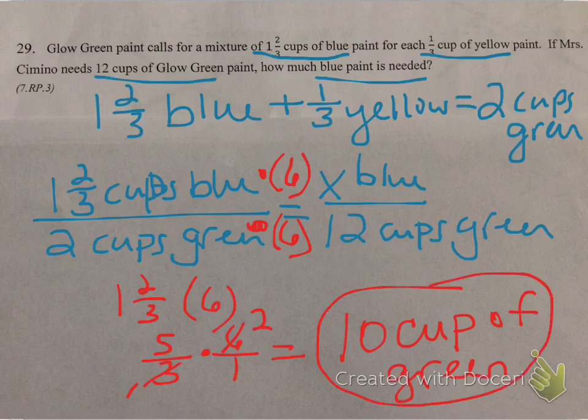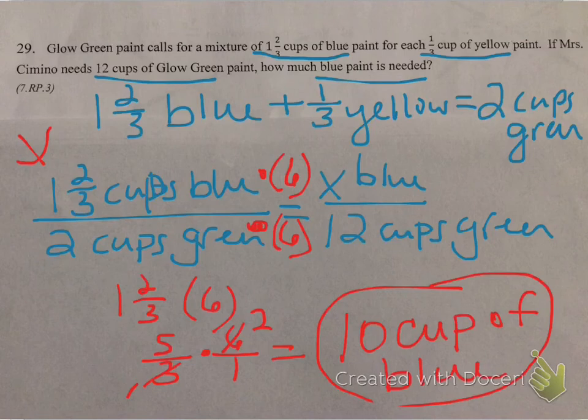I'm sorry, it's not cups of green. It is cups of blue. And if you were asked how much yellow, I could figure that out from the 10, because if there's 10 cups of blue in a total of 12, I need 2 cups of yellow. Or you could change this number here to 1/3 and do the same process, 1/3 times 6.